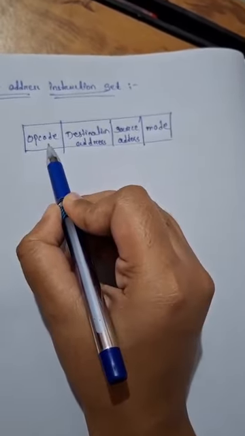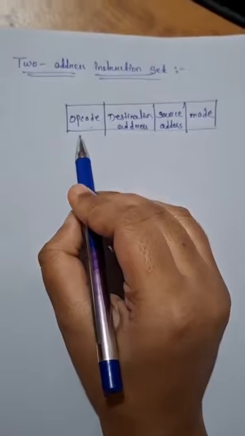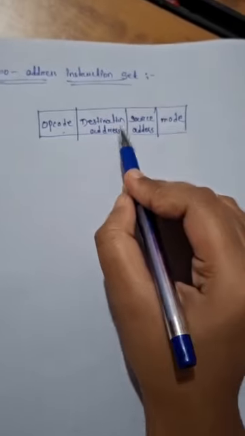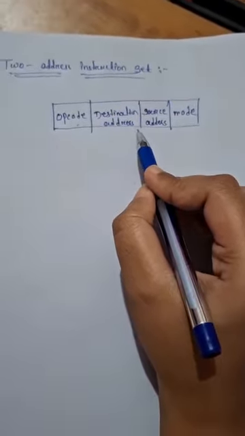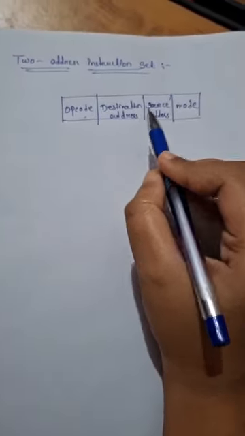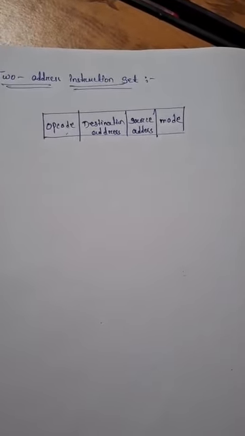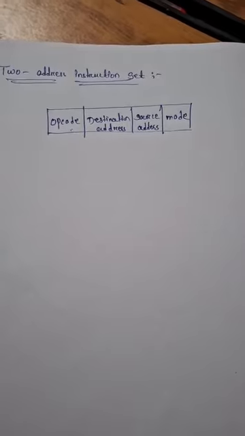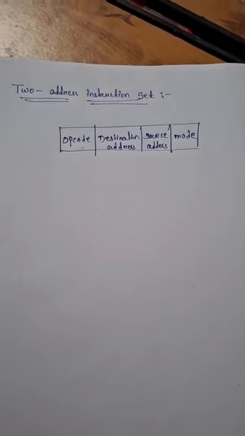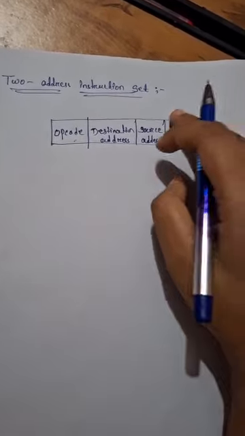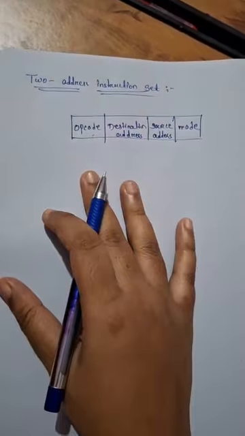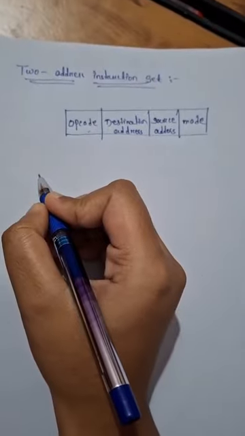So this opcode basically represents the operation that we perform. The destination address represents where, after the operation, the data would finally be stored in the register. Source address is the initial address of the register or initial address of the operand, and mode is the addressing mode that we perform.